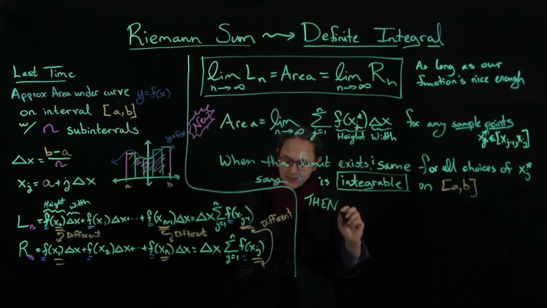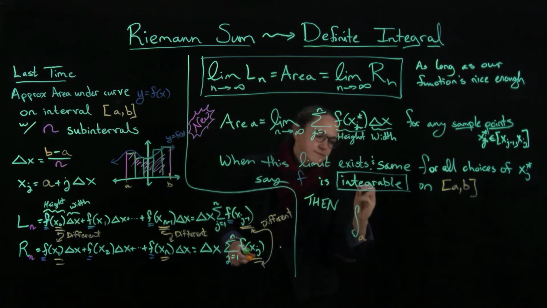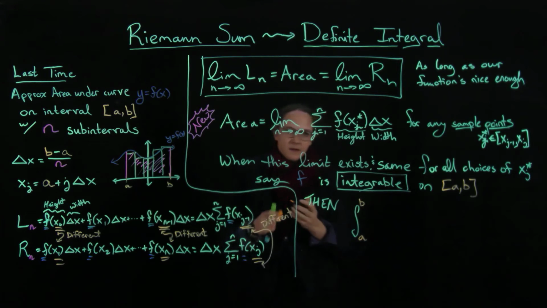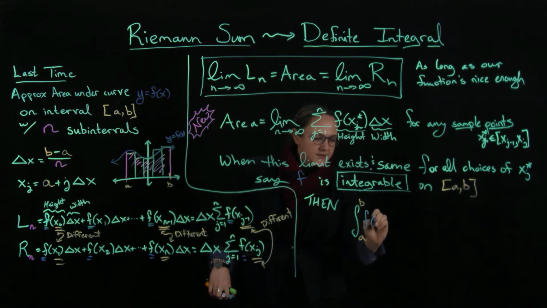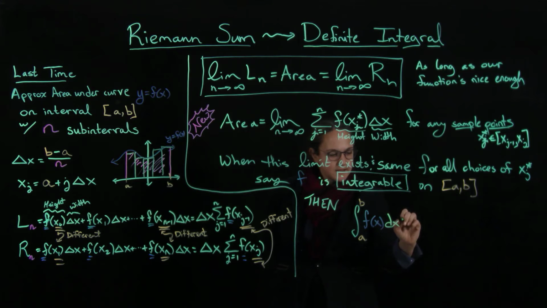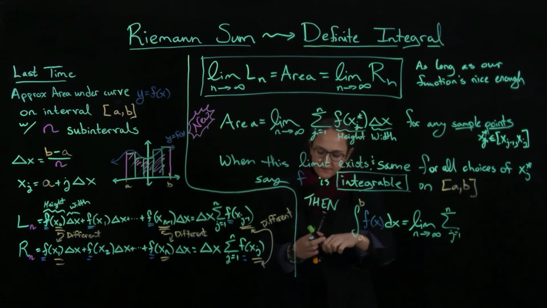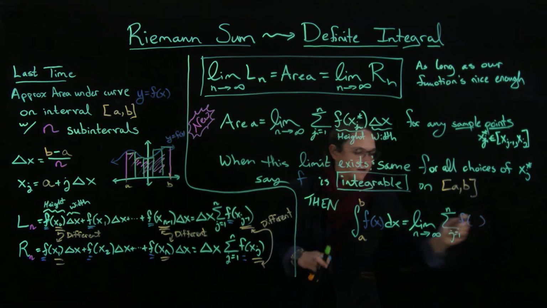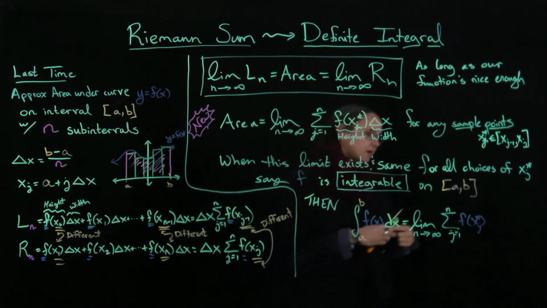So then we write the integral from A to B of f of x dx. It's going to equal this limit as n goes to infinity of the sum, going from j equals 1 to n, so we're chopping it into finer and finer intervals, of f of xj star, so I'm allowed to use sample points like this, delta x.